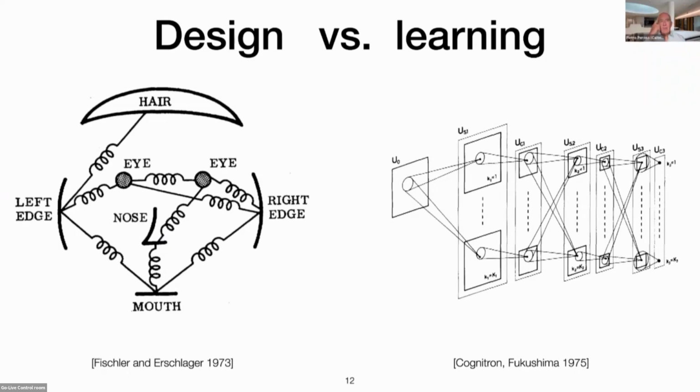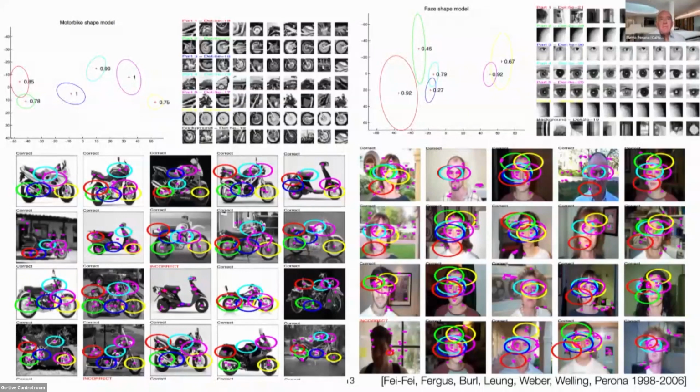Now, if we go back to the early 2000s, there is work from my group that showed that you can in fact have learning approaches that discover the different parts of objects, and therefore objects can be detected in pictures against completely different backgrounds.